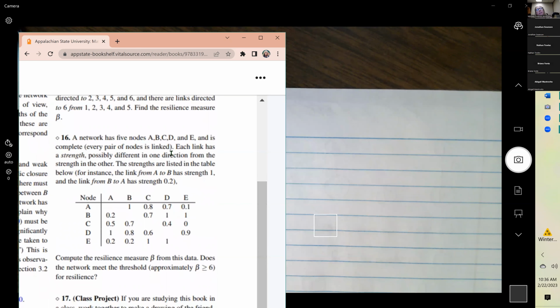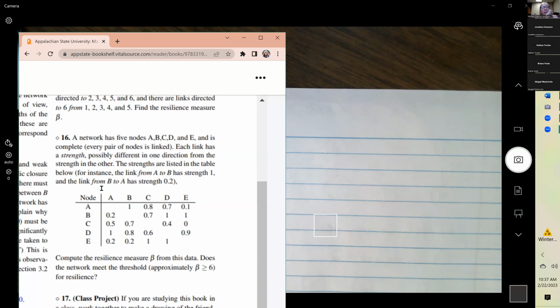A network has 5 nodes, A, B, C, D, and E, and is complete. Every pair of nodes is linked. Each link has a strength possibly different in one direction from the strength in the other.